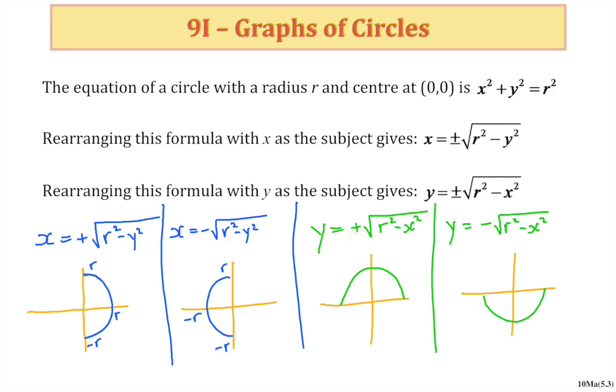This one is on the positive side of the y-axis. And this one is on the underside or negative side of the y-axis. So that's how we could remember how they go. So it's a case of trying to remember that when you've got these square root signs, you are dealing with half circles, which are better known as semicircles.